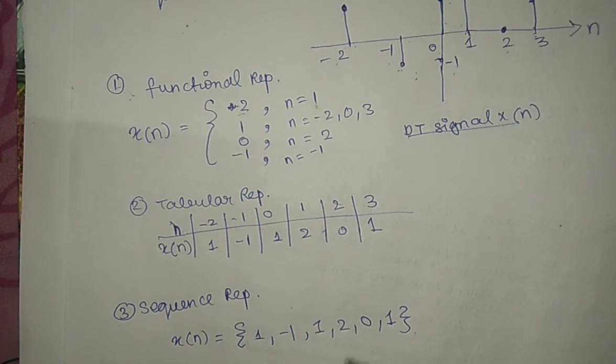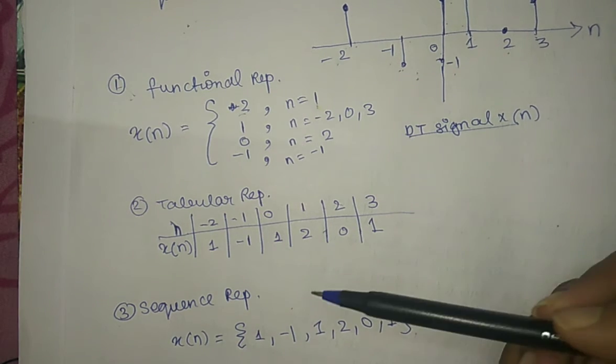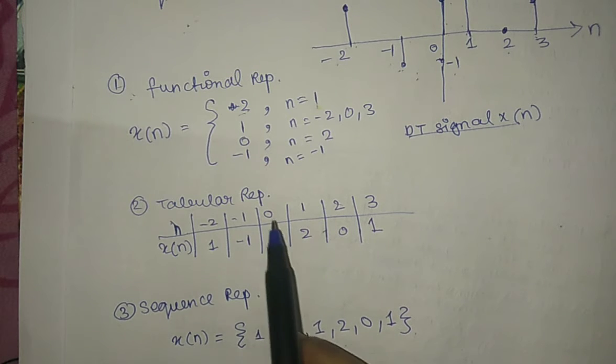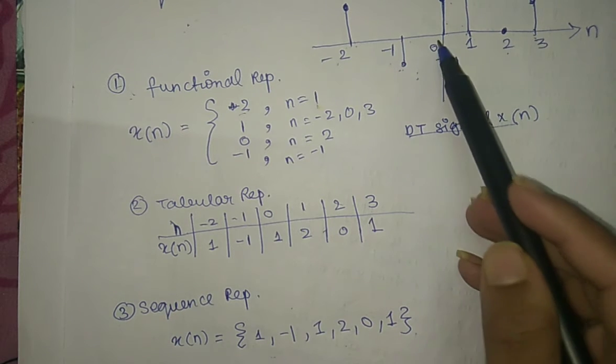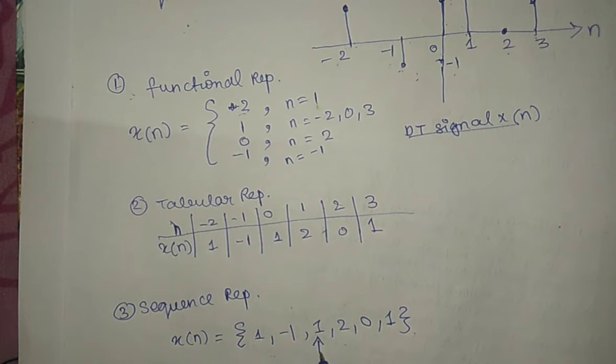If any one of these is given, then we can convert it into another. One more thing: wherever the sample point is 0, we have to represent it by an arrow. Wherever the arrow is, that is the 0th point, and the others go like a normal number line. So this point is 0th, then this is -1, -2, 1, 2, and 3.